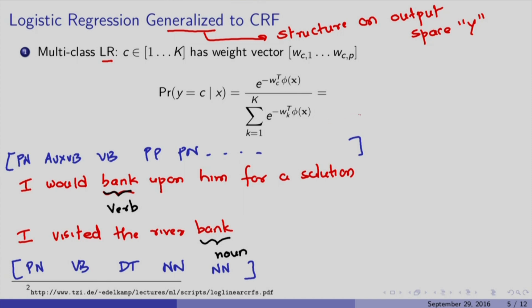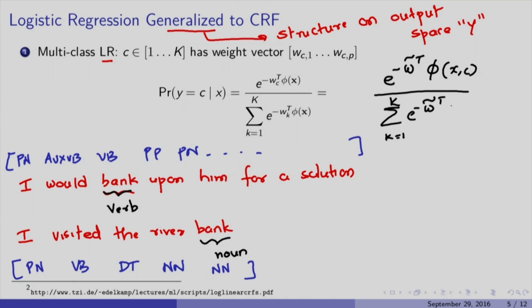So, what we are going to do is try and make phi a function of the class, and this is how we will do it. This is nothing but e raised to minus some new w tilde transpose phi x comma c divided by summation over all the classes of e raised to minus wk transpose, but now instead of wk I will have w tilde transpose phi x comma k.